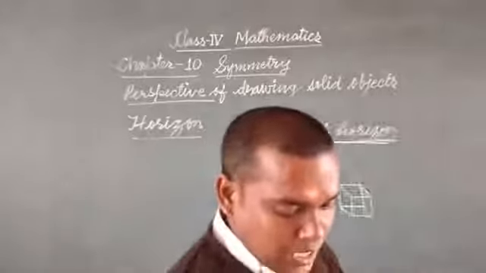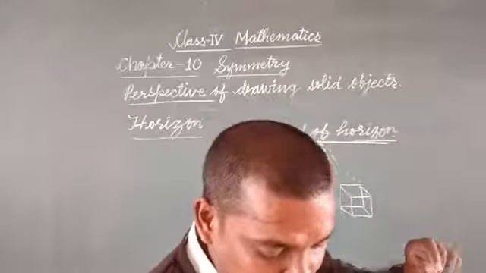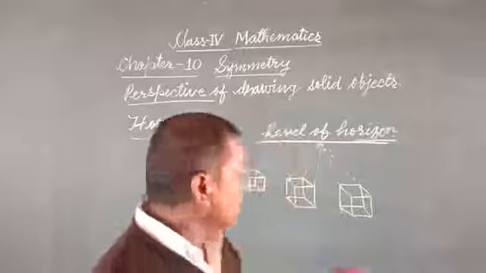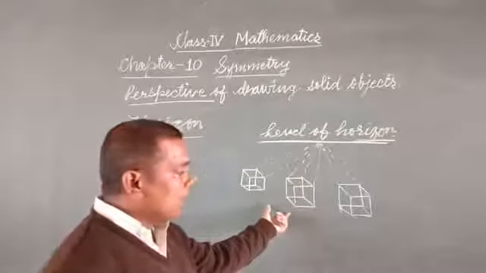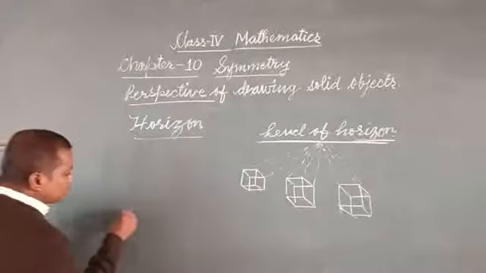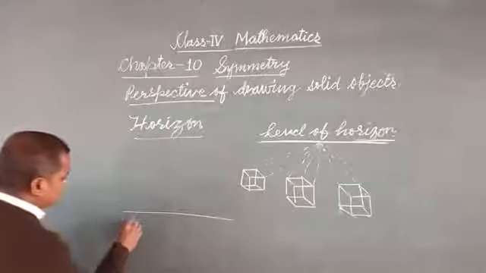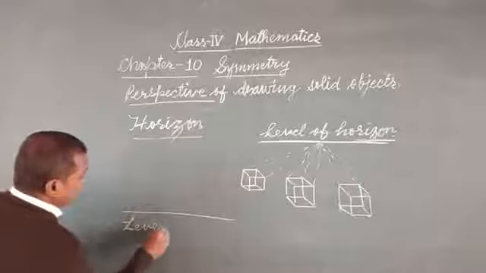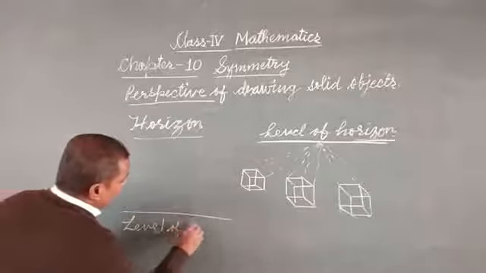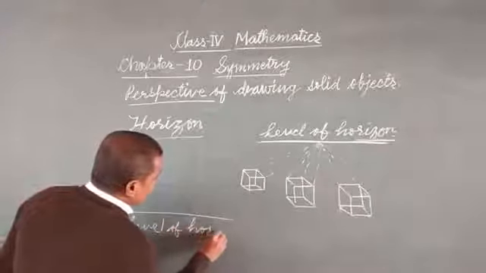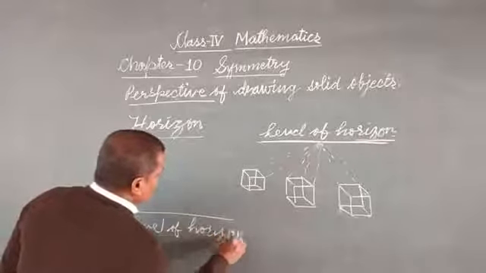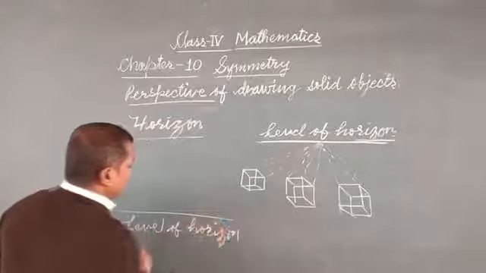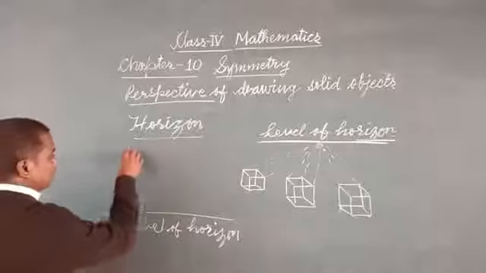Now, if the level of horizon is below and the cubes are up, how will it look? Suppose here is the level of horizon. So here are the cubes.